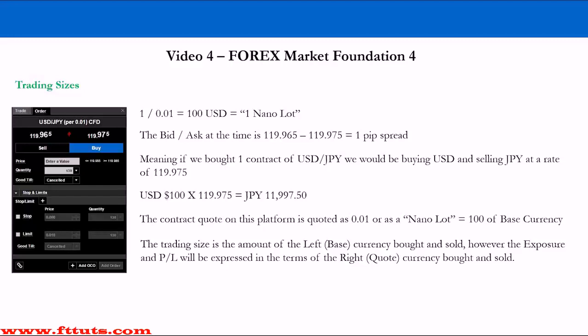So this provides a 1 pip spread on the Forex pair dollar yen. If we bought 1 contract of dollar yen, we'd be buying US dollars and selling yen at a rate of 119.975. So we buy at this price and sell at this price.